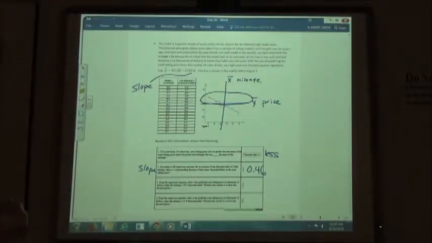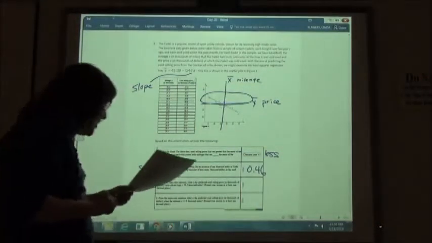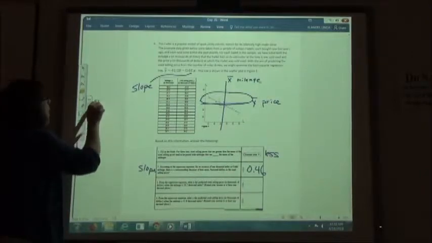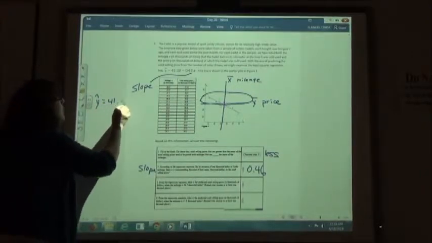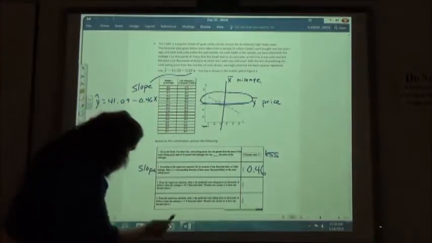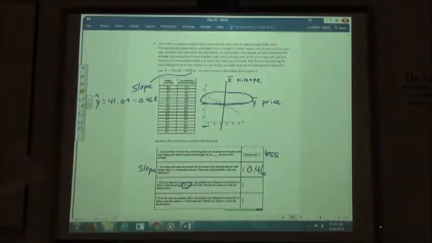From the regression equation, what is the predicted used selling price when the mileage is 39.2? So now I'm going to use my regression equation. Y hat equals 41.09 minus 0.46x. I am going to use 39.2 in for my x value.